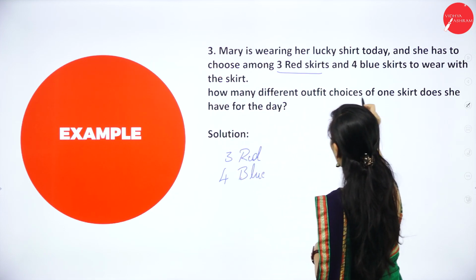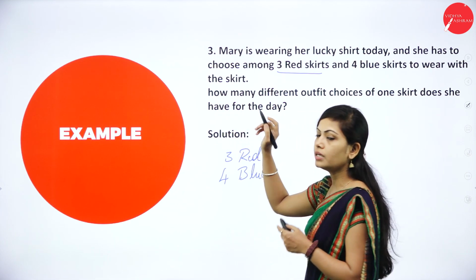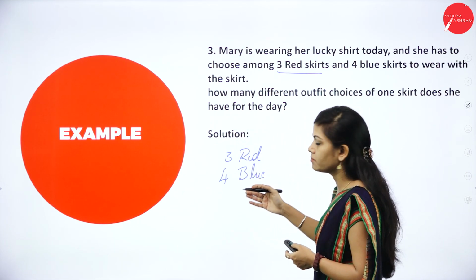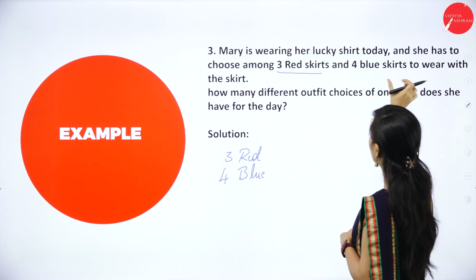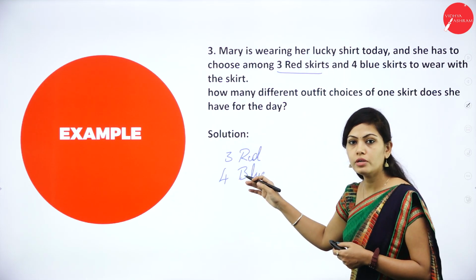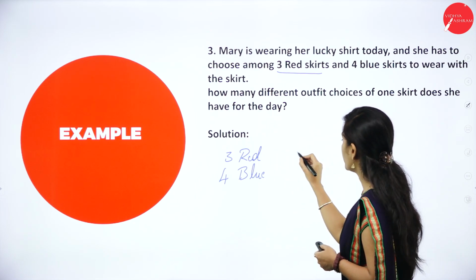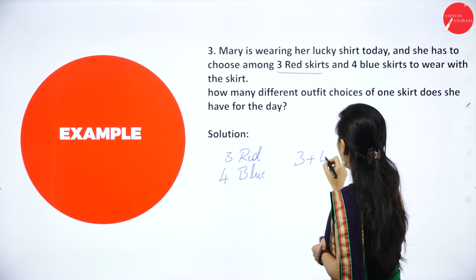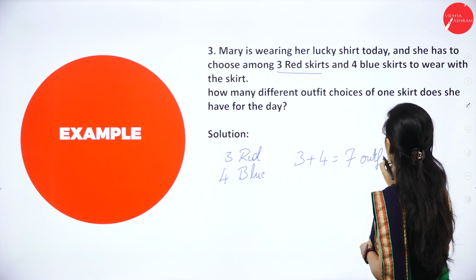How many different outfit choices of one skirt does she have for the day? So how many outcomes are there? She has 3 red skirts and 4 blue skirts. So 3 plus 4, she has 7 outfit choices.